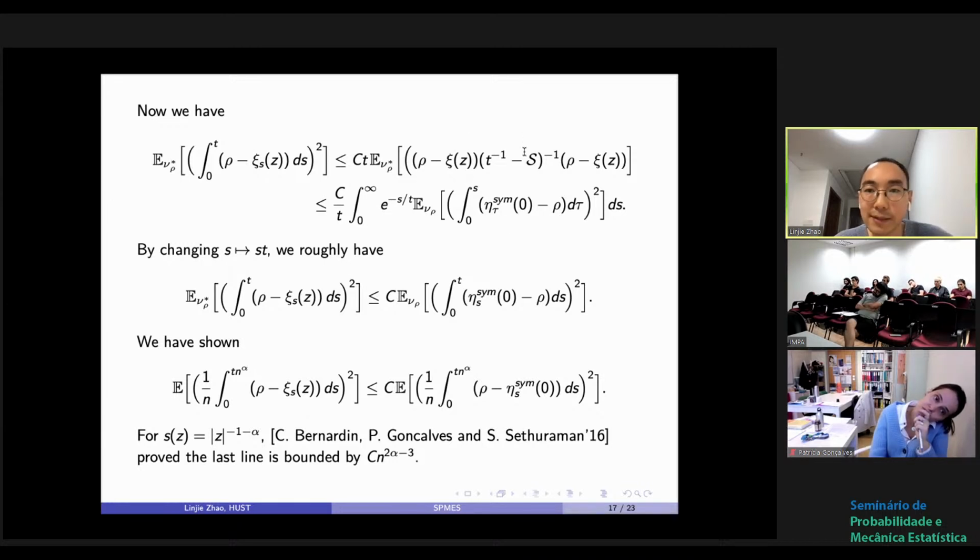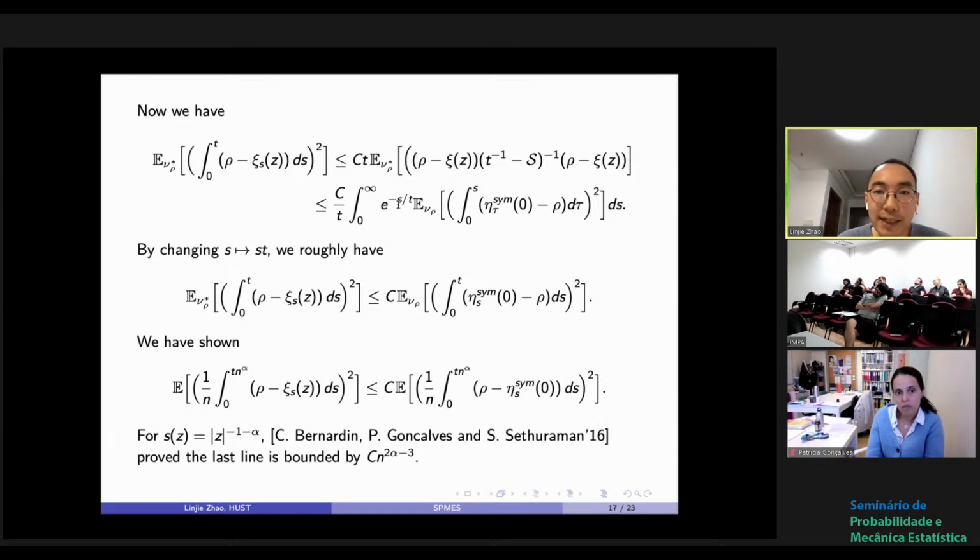So we could write this term as this term. So we see this is the variance of the occupation time in the symmetric exclusion process with jump rate S, and then this is a Laplace transform. So this is what we have proved now.